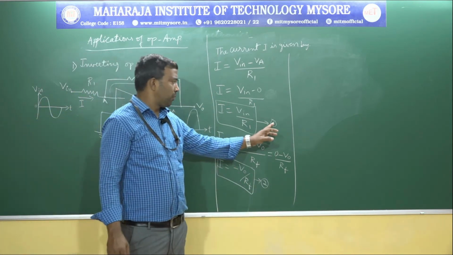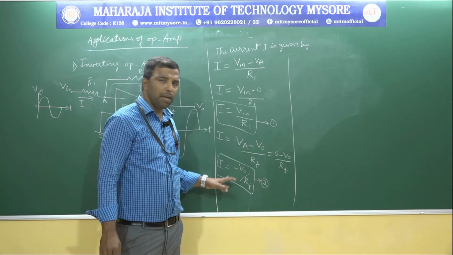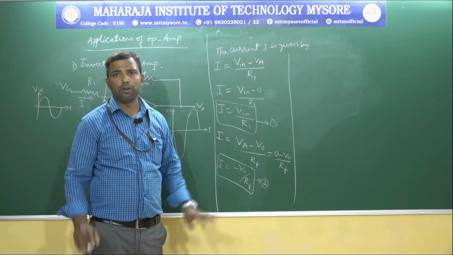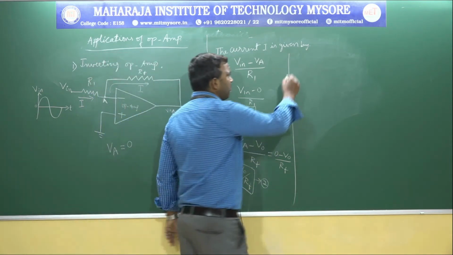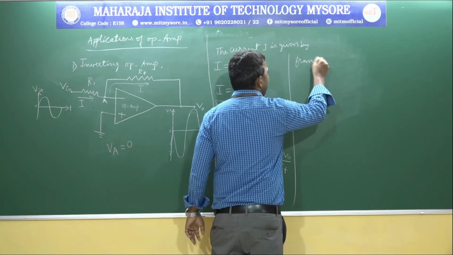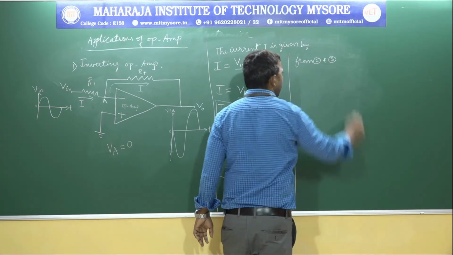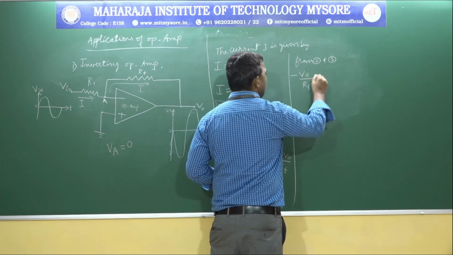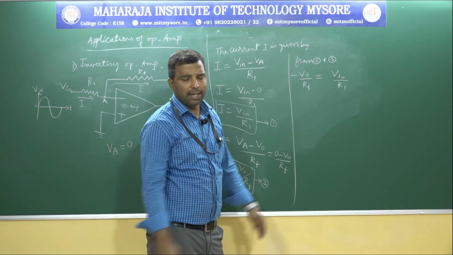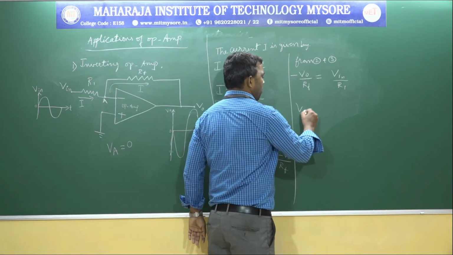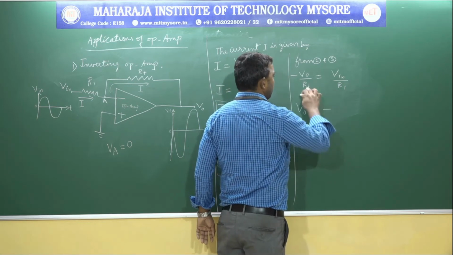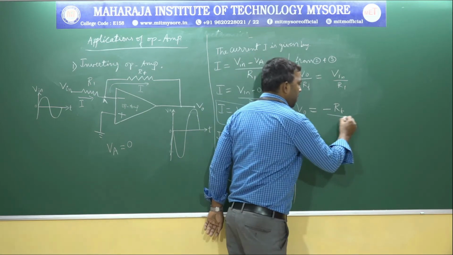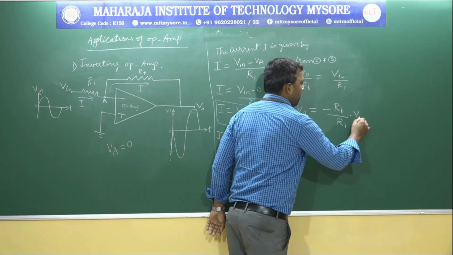Comparing expressions 1 and 2, the LHS are the same, I. That means if the LHS are the same, the RHS are also the same. By using that property, from expressions 1 and 2, we can write minus VO by RF equal to Vin by R1. Rearranging the terms, VO is equal to minus RF by R1 into Vin, by cross multiplication.